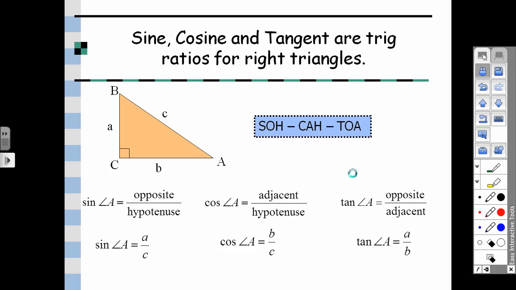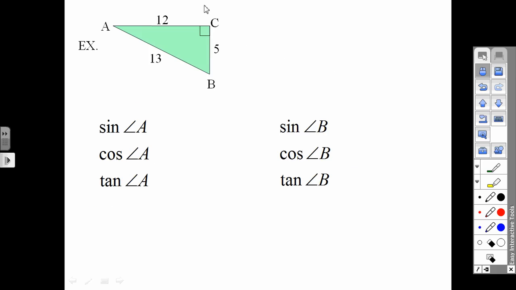All right then, let's try an example here. I have this triangle, the 5, 12, 13 triangle, and we're going to figure out all of these trig ratios. So let's start with the sine of angle A. Angle A is right here. When we're talking about the sine, we're going to be doing opposite over hypotenuse.